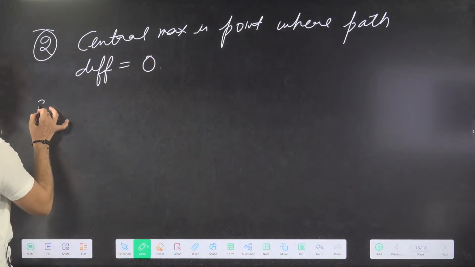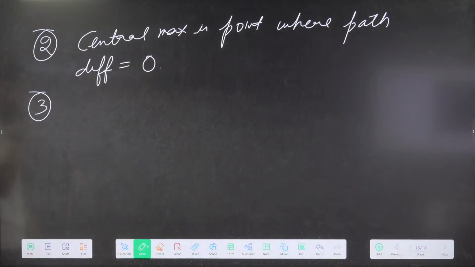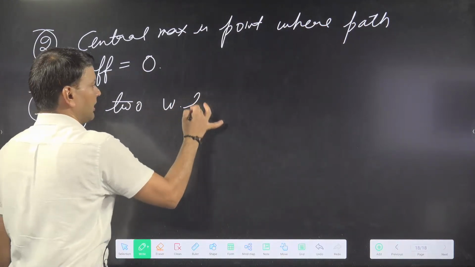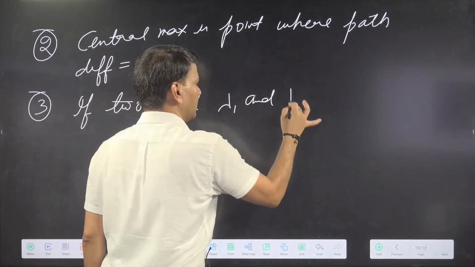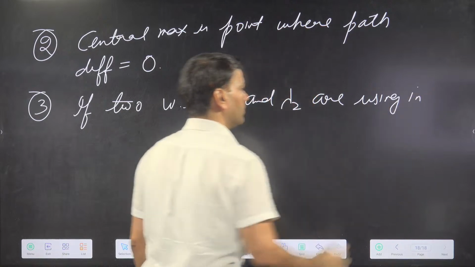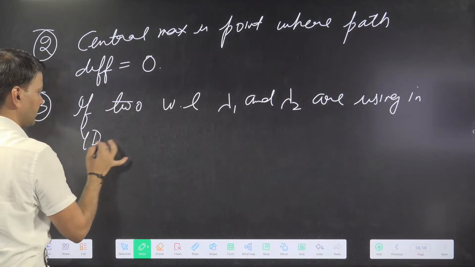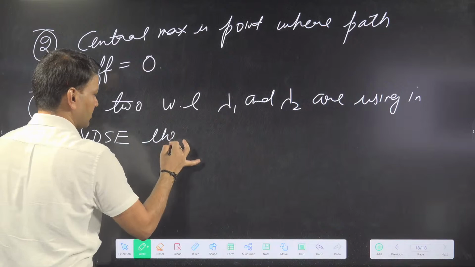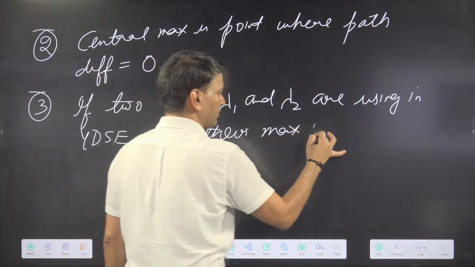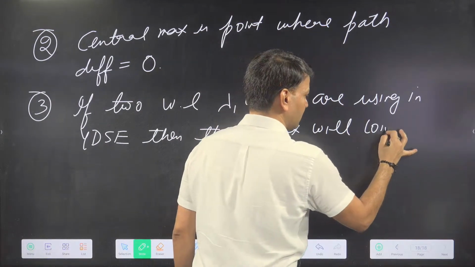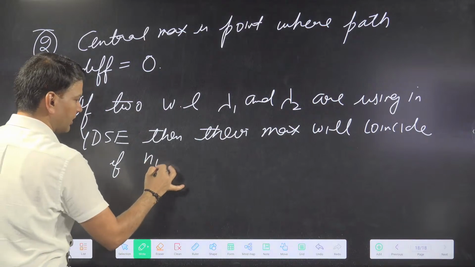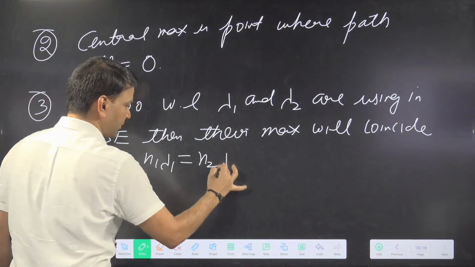Number 3, if two wavelengths lambda 1 and lambda 2 are used in YDSE, then their maxima will coincide if n1 lambda 1 is equal to n2 lambda 2.